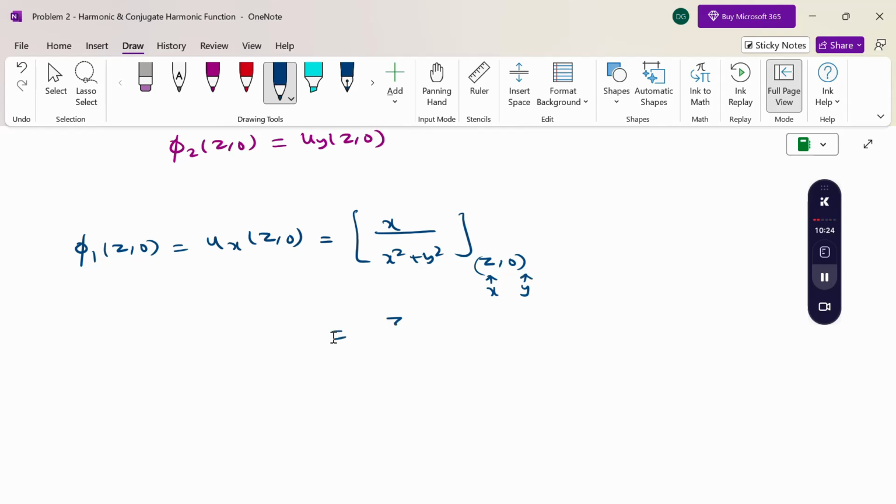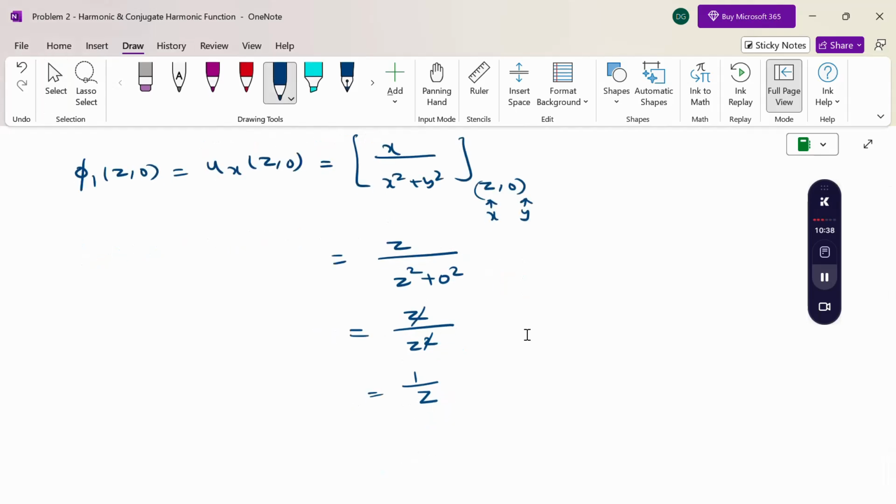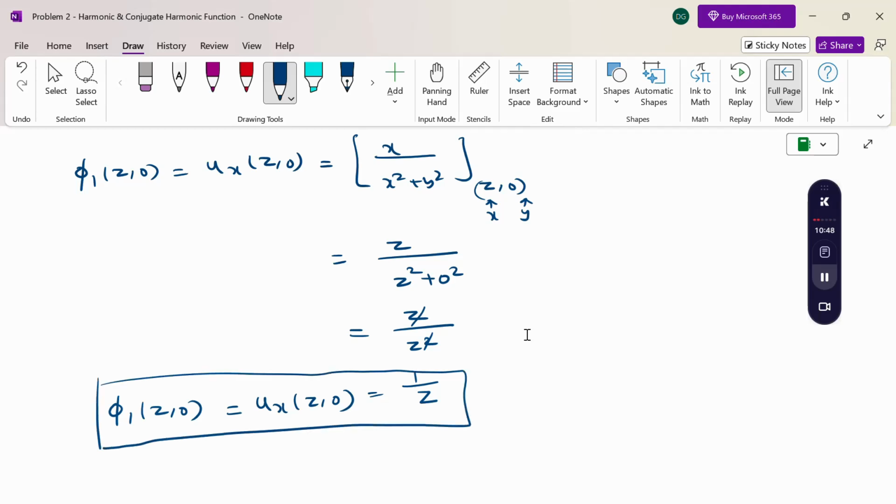Therefore z by z square plus 0 square, then z by z square, cancel this z, giving 1 by z. So phi 1 of z comma 0 equals ux of z comma 0, which is 1 by z.